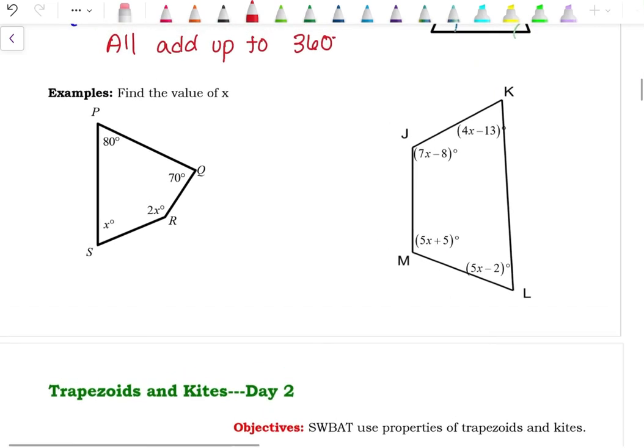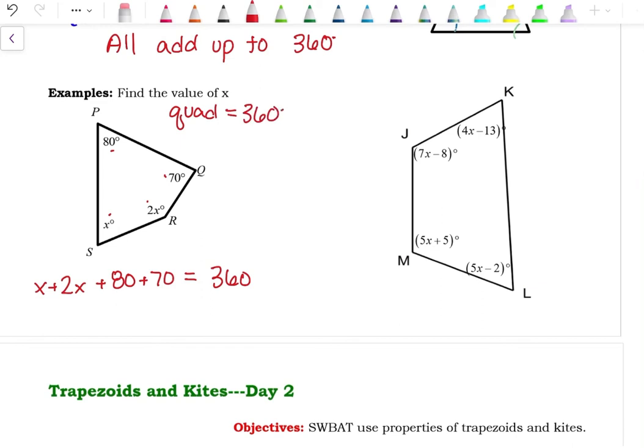Using that fact, we can solve for x and figure out the measure of these angles. So if I'm looking at this quadrilateral, I'm going to add up all of my angles. X plus 2x plus 80 plus 70. And it should all add up to 360 because it is a quadrilateral. It has 4 sides, so it should equal 360 when I add up all of my angles.